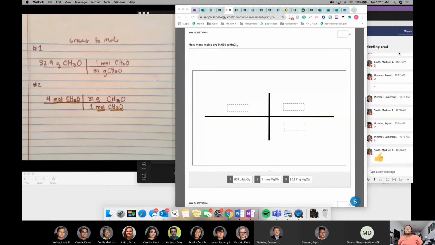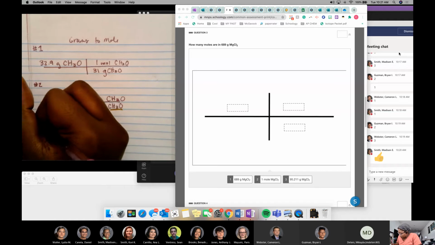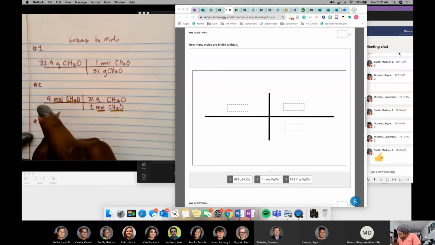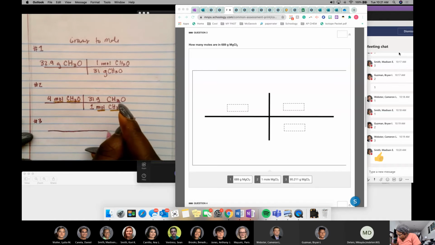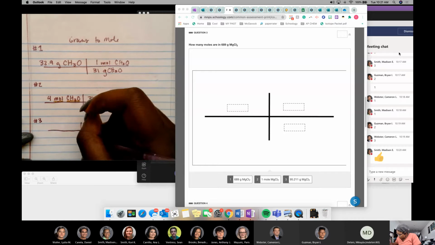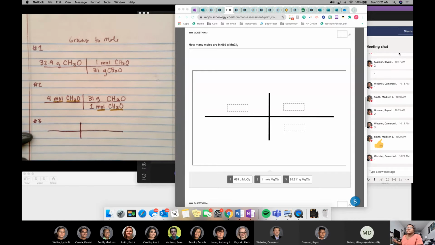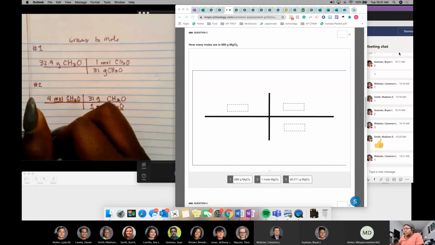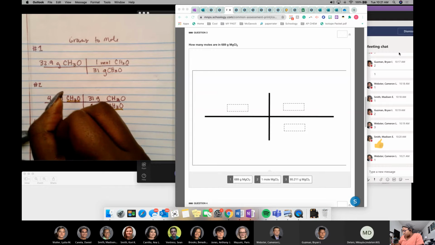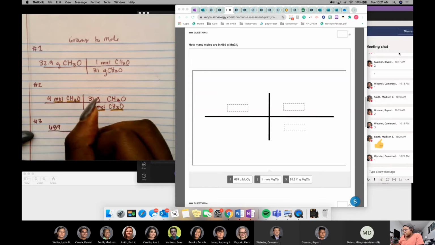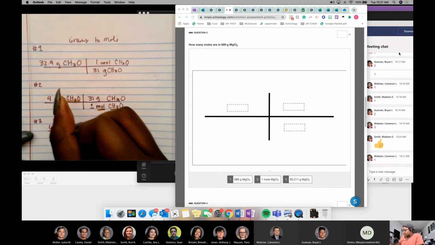Option choice, option 1, 2, or 3. Which one? Cameron says 1. Because our given goes here, and good job, Cameron. It is our given.